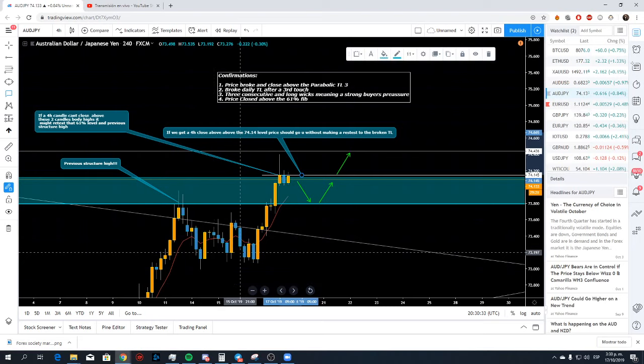Because it will be that buyers are putting volume into that chart, into that pair. It will mean that buyers are breaking that range.